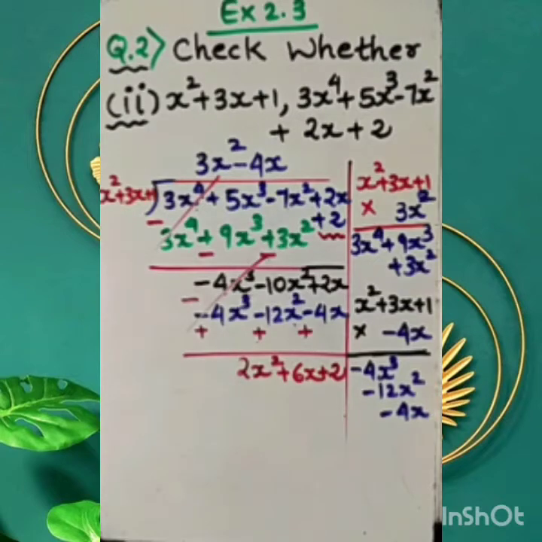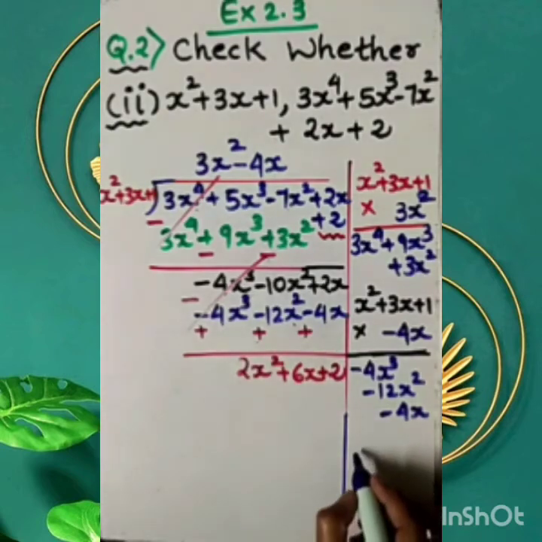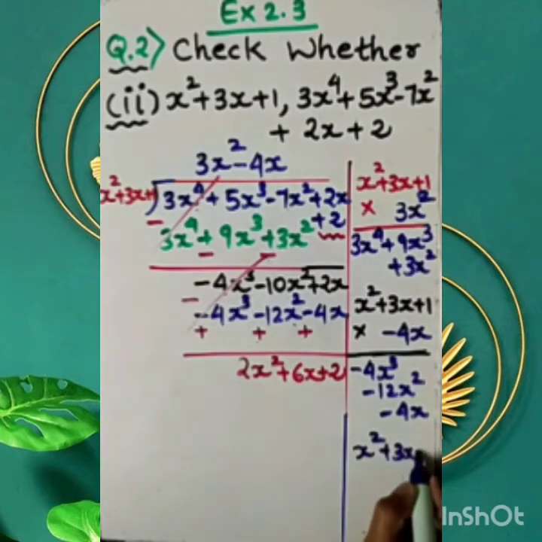Now again the same procedure I am applying. Let's continue with that. So this time I have here x square plus 3x plus 1. I want 2x square. x square is already there, so I need to multiply with 2 only. So I will have here 2x square, 3 times 2 is 6x, plus 2.